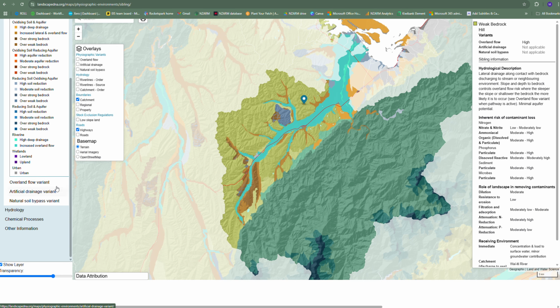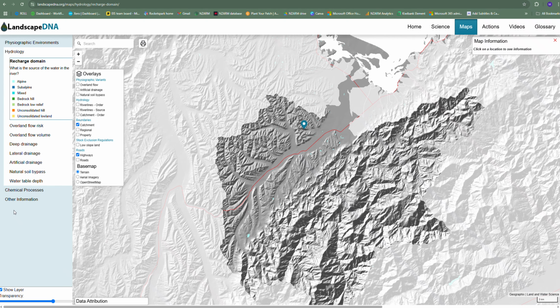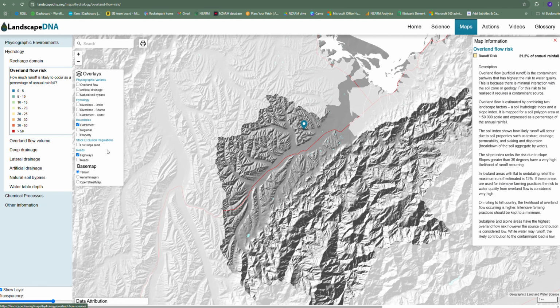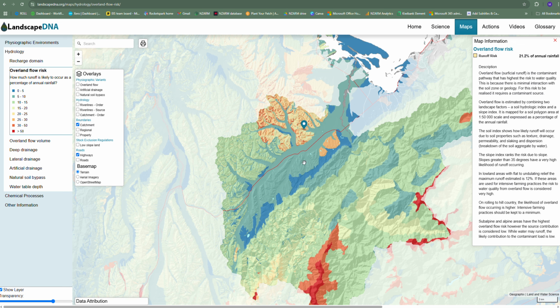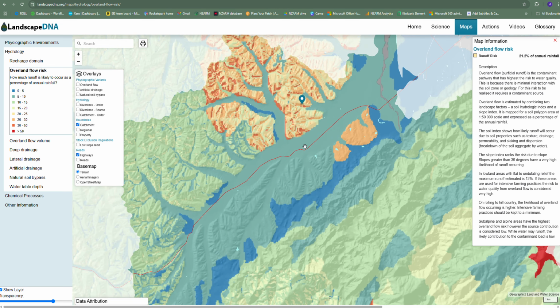What's really great about this map is, we can look at a whole bunch of other things. So let's go into hydrology. We can go into something like overland flow risk. So this looks at, of course, the underlying data around how well drained it is, what its slope is, how long its slopes are, those sorts of things. So we can start to have a look at more useful information.